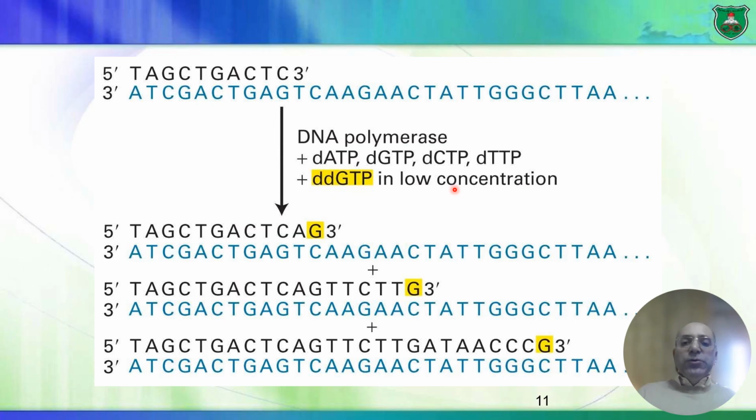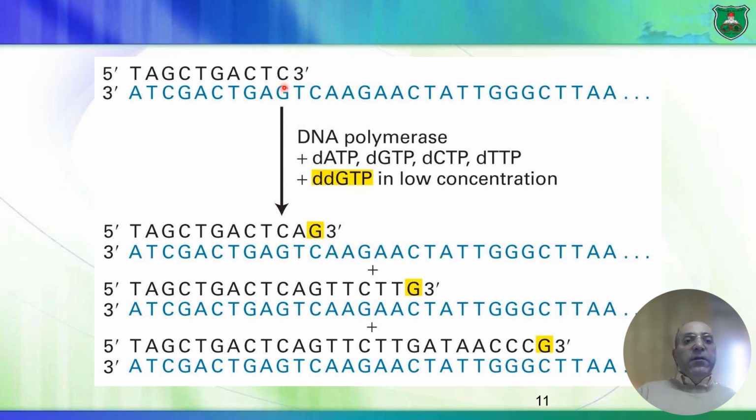To tube number 2, we add dideoxy-CTP. Tube number 3, we add dideoxy-TTP. Tube number 4, we add dideoxy-ATP at low concentrations. So the DNA polymerase starts to synthesize the DNA, the complementary strand of the template.